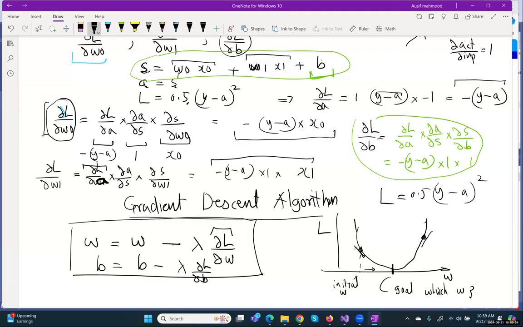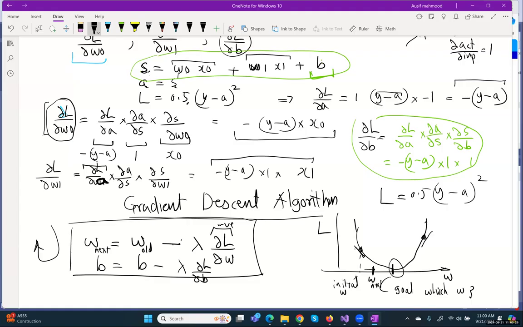Negative, negative will become positive, which means the next value of W will take the old value of W and add something to it. So the next W will move over here. You can see gradually it will move, and we will repeat this process many, many times until we see it's not improving, so we have gotten close to the minimum.